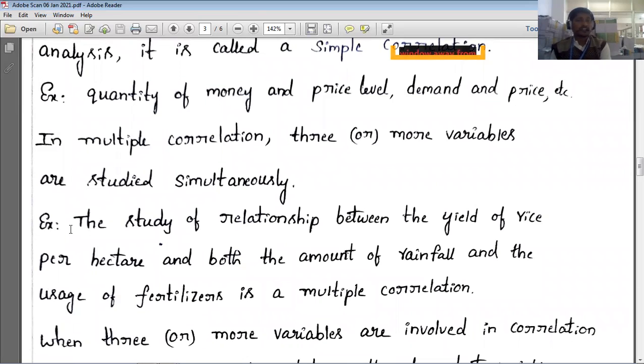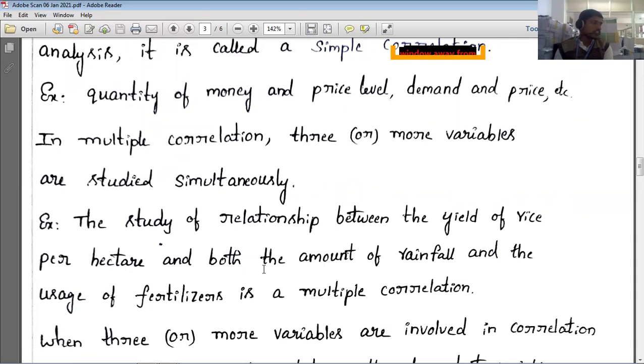Here it is, the study of the relationship between the yield of rice per hectare and both the amount of rainfall and the usage of fertilizers is a multiple correlation. So total three things here: rice, rainfall, and fertilizers.